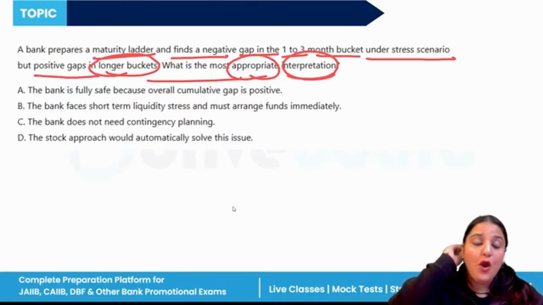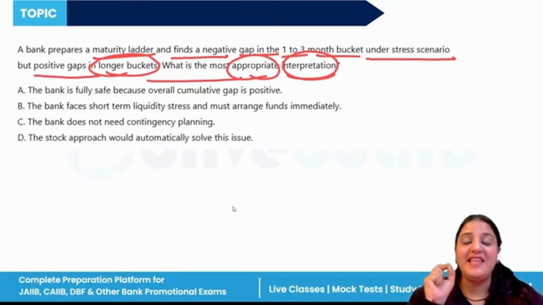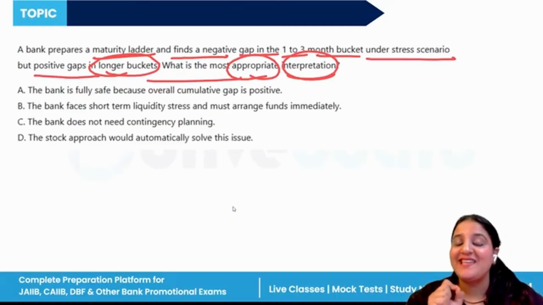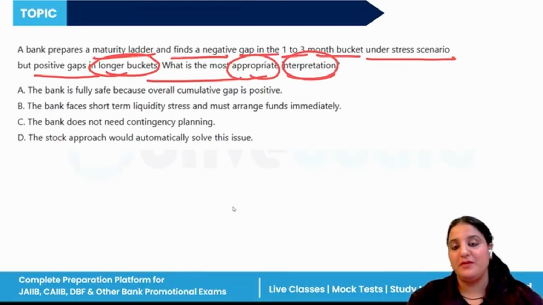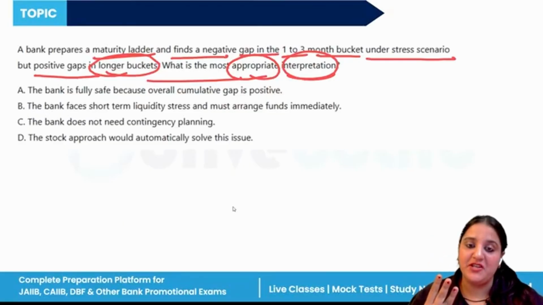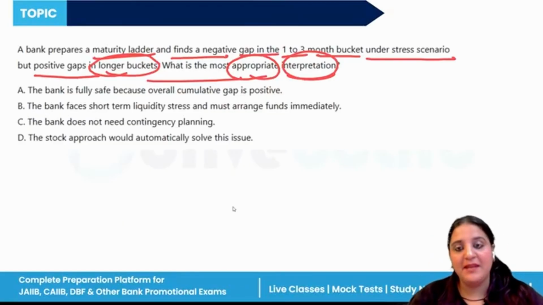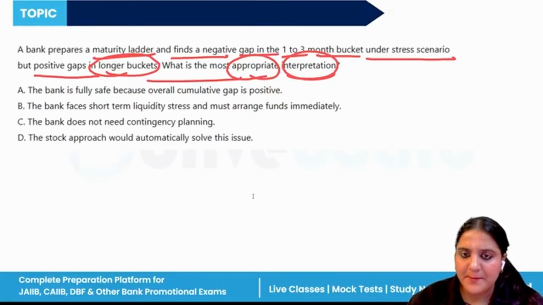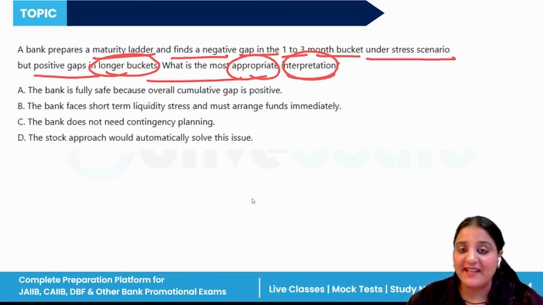So the flow approach measures liquidity by calculating the net funding requirement based on the residual maturity of the assets and liabilities. It has three major dimensions: measuring and managing net funding requirement, managing market access, and contingency planning.